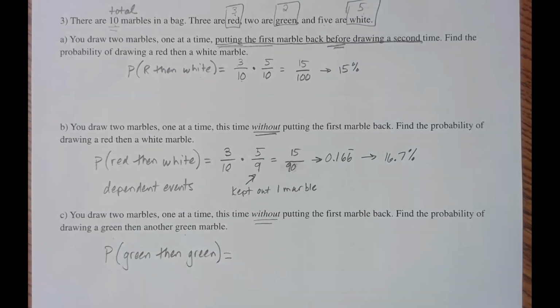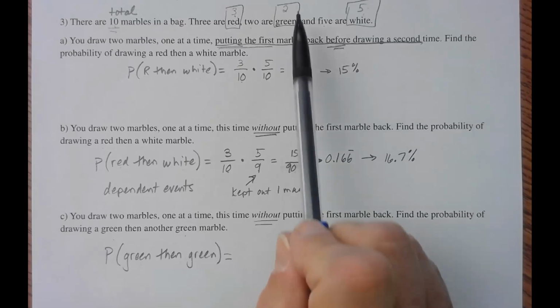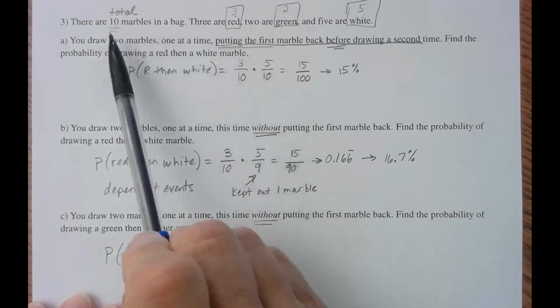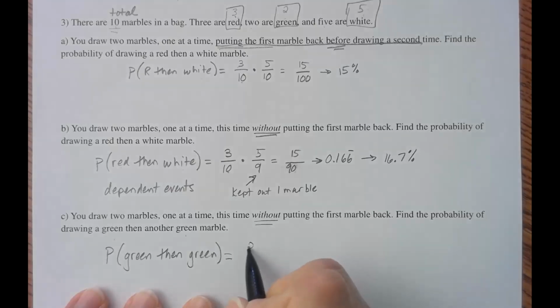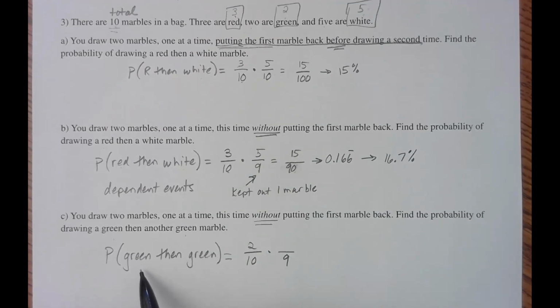Okay, when you do this, first probability is hopefully straightforward. The probability of drawing a green is going to be 2 out of 10. I have 2 chances out of 10 to draw a green. Now I'm not going to put the marble back, so the total number of marbles in the bag now is only 9. I'm going to assume that I drew a green the first time because my probability is drawing a green, then a green.